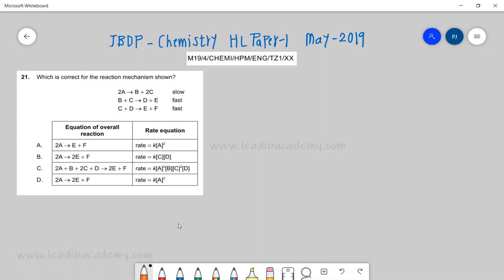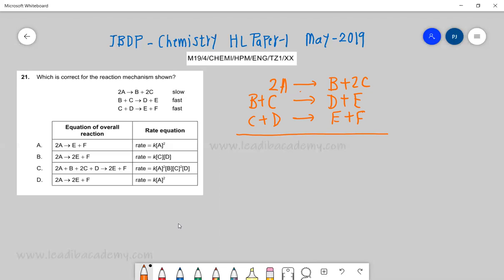So what should we be doing? Let's write it down. 2A giving B plus 2C, then B plus C giving D plus E, and then C plus D giving E plus F. For the overall reaction, the logic is simple: add all.